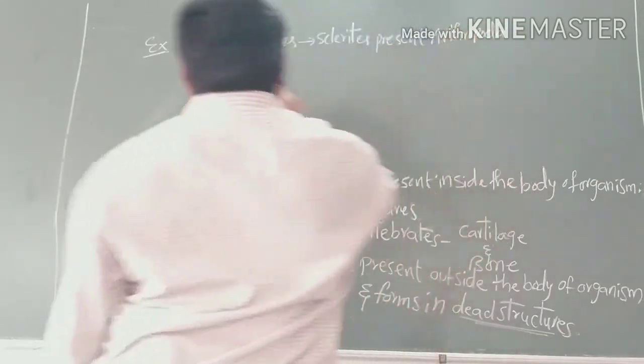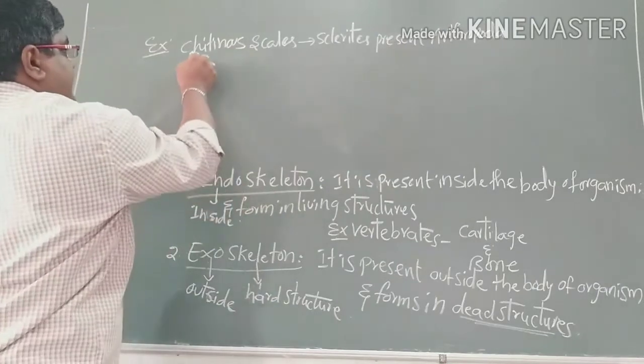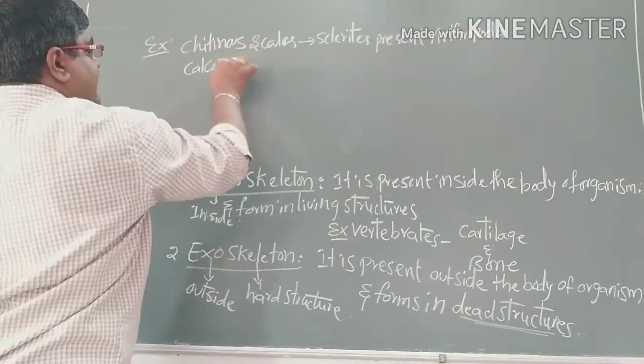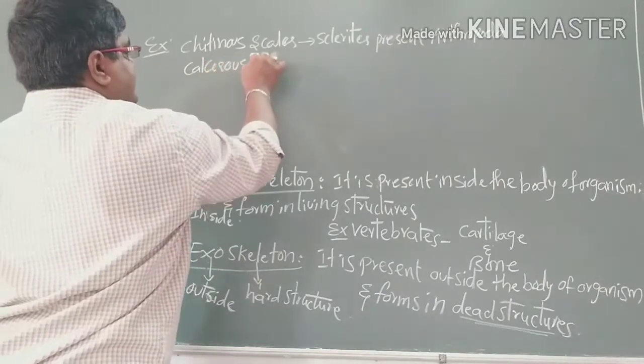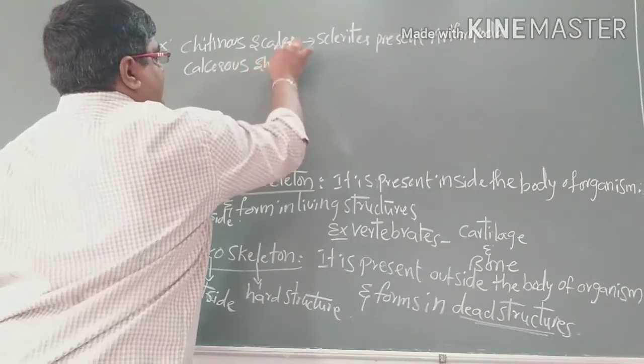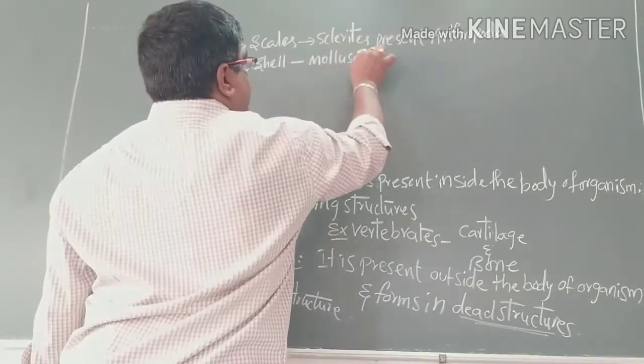The chitinous scales that are called sclerites. And next one, the calcareous shell. Calcareous shell in mollusca.